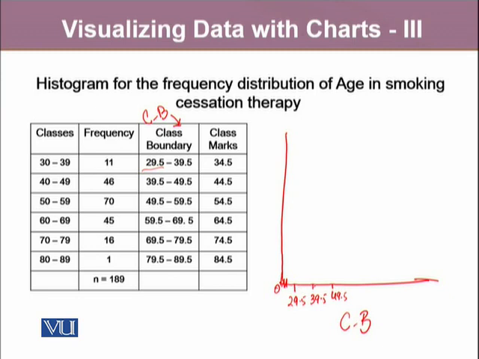We want to make sure that all these points are equidistant from each other. It's 69.5 and the last observation is 79.5. I'll try to make them equidistant. On the y-axis, we will have the variable frequency, represented by small f. So frequencies go from 1 all the way up to 70. So I'm going to make the gap of 10.